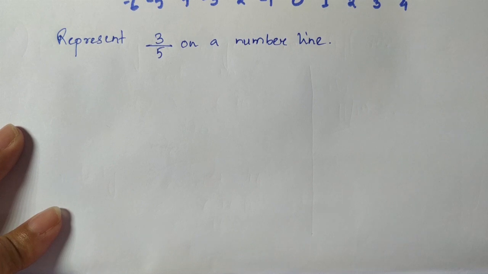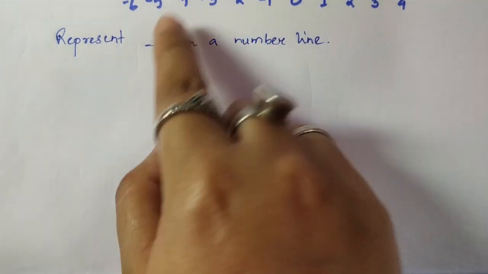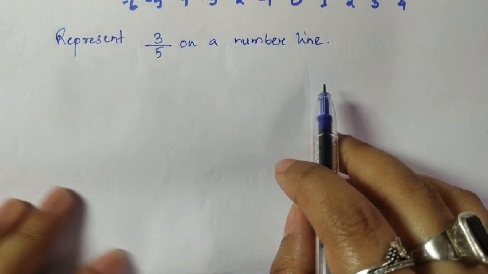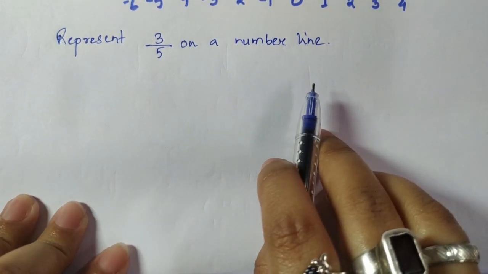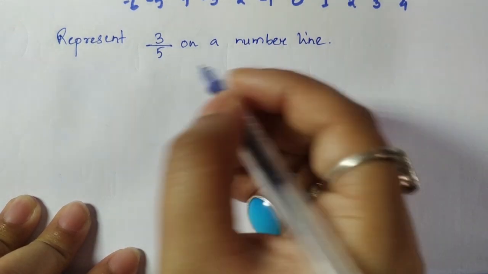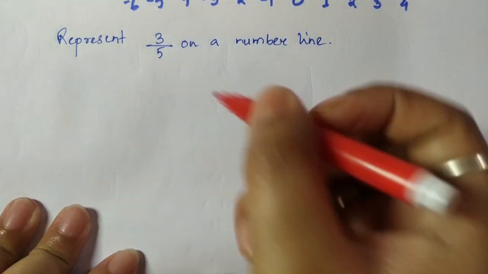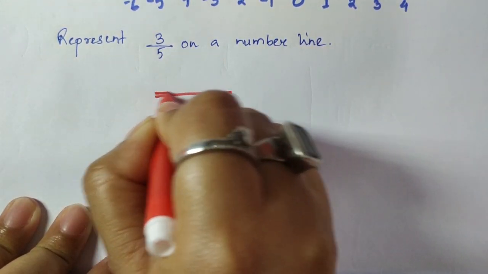Now students, getting back to representation of a rational number on a number line. The things that I explained before were integers, or natural numbers. Now if I have to represent this rational number on a number line, what will we do?